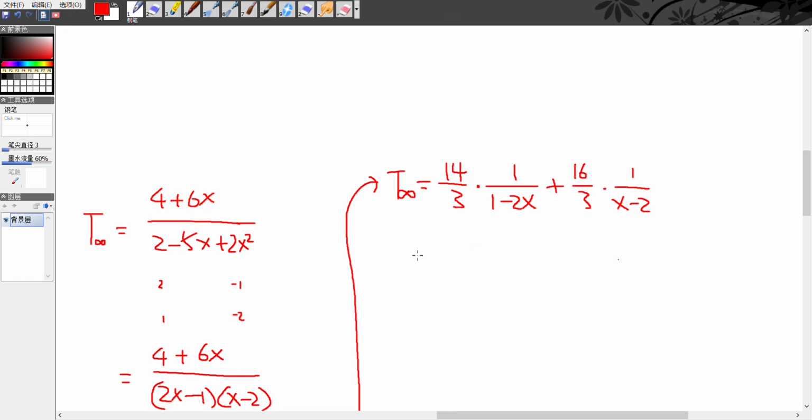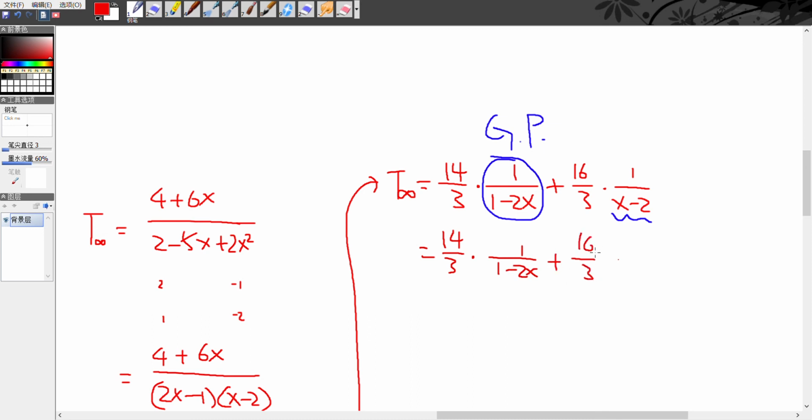And you may notice that this term is a geometric progression. In fact, we can make the other term into a geometric progression as well by simply transferring it into negative 8 over 3 times 1 over (1 minus x over 2).